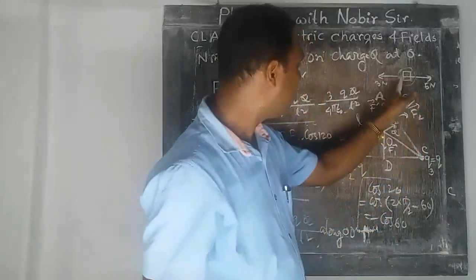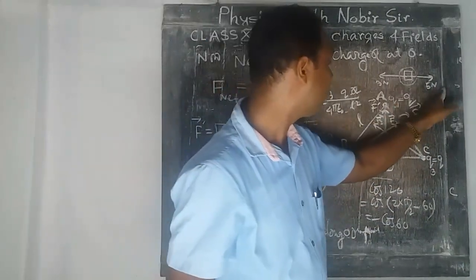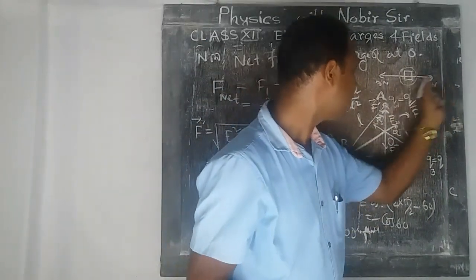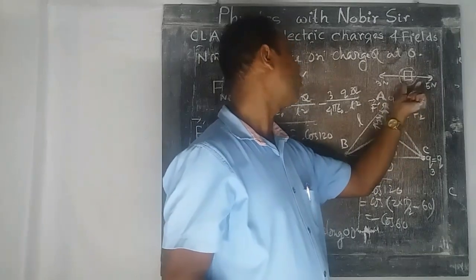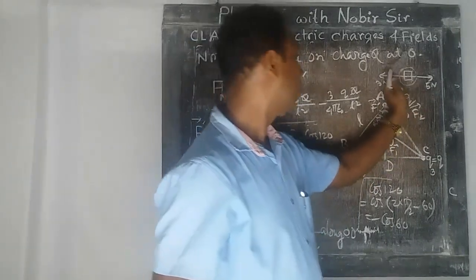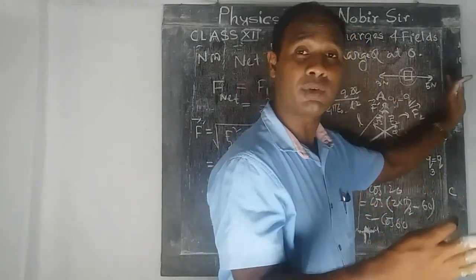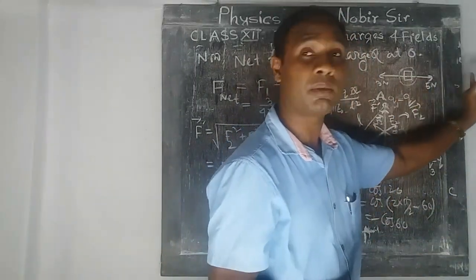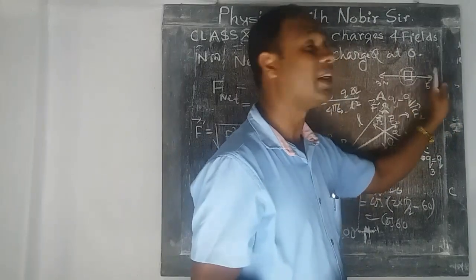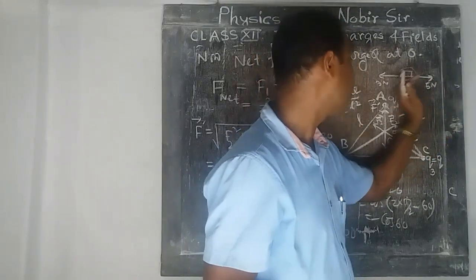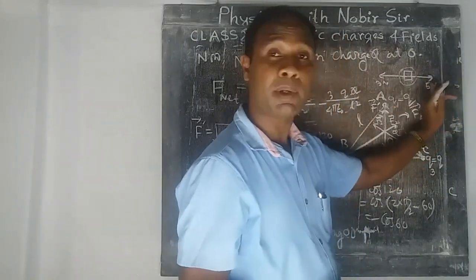That means which way will the body move? One force of 5 Newton pulls it this way and another of 3 Newton pulls the other way. The body will move this way, because it is 5 Newton. With what force? 5 minus 3, that is 2 Newton. The body will move this way with a force of 2 Newton.